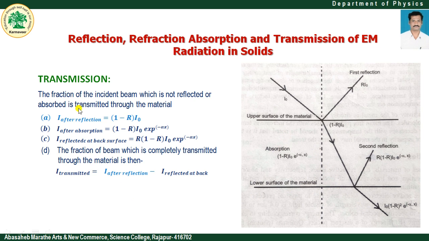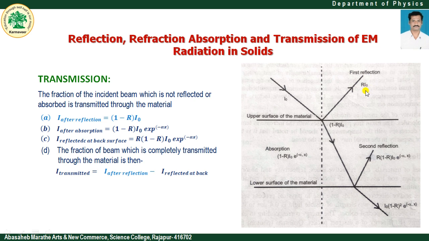Now let I naught be the intensity of the incident radiation. Then loss due to reflection at the front face, or the upper surface of the material, is R into I naught.